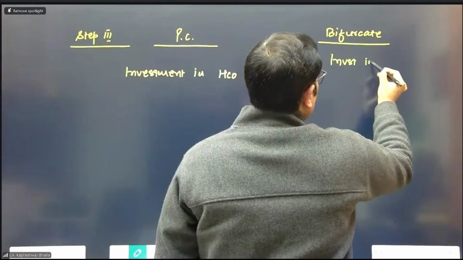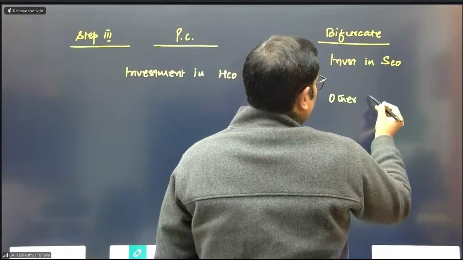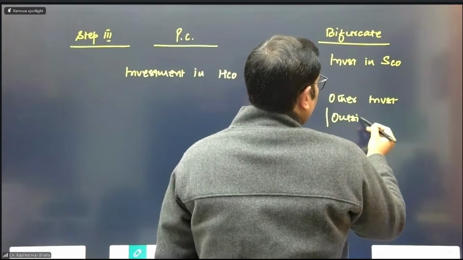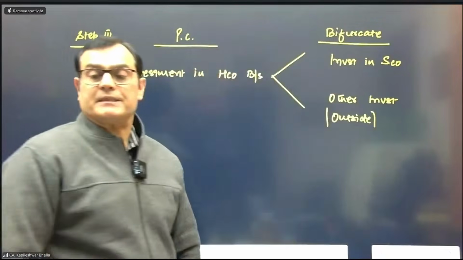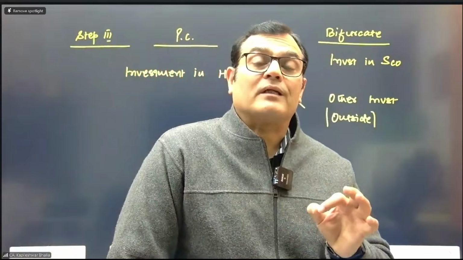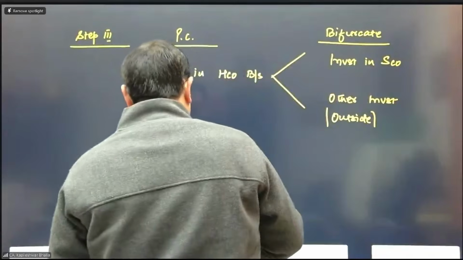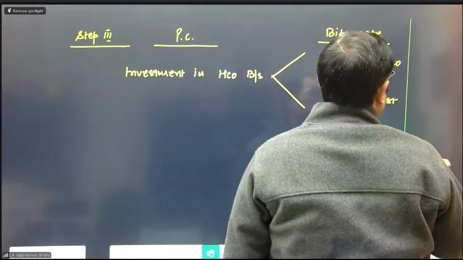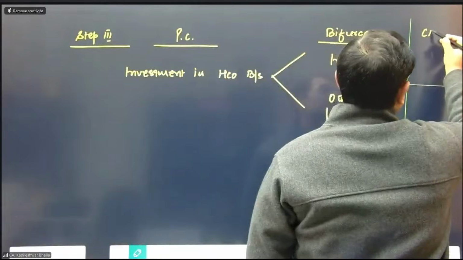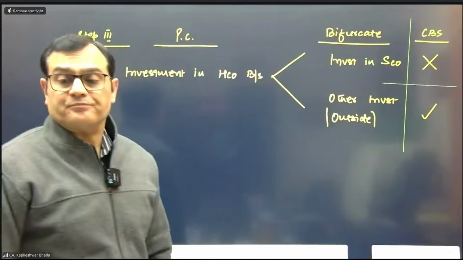You should bifurcate this because there might be some outside investments. So when you pick up the investment in the balance sheet, bifurcate this in terms of investment in the subsidiary company and any other investments. When I say other investments, we are focusing on the outside investments, because in the consolidated balance sheet, the investment in the subsidiary doesn't appear, but the outside investments will definitely appear.